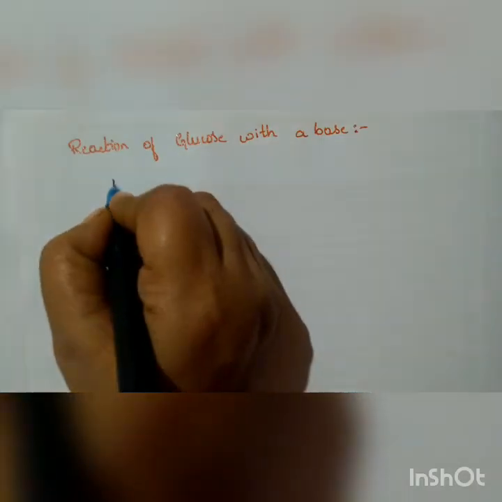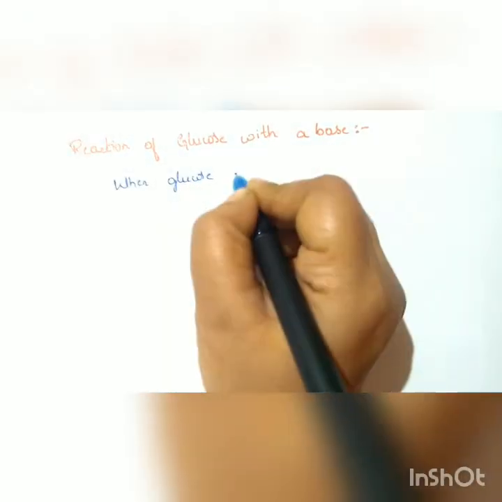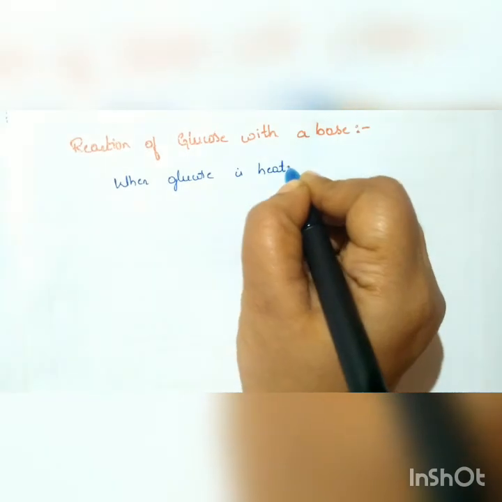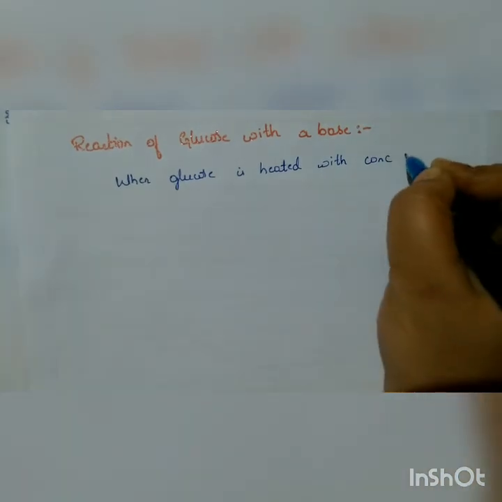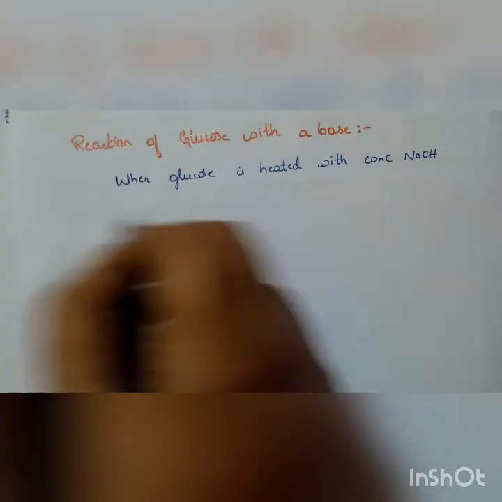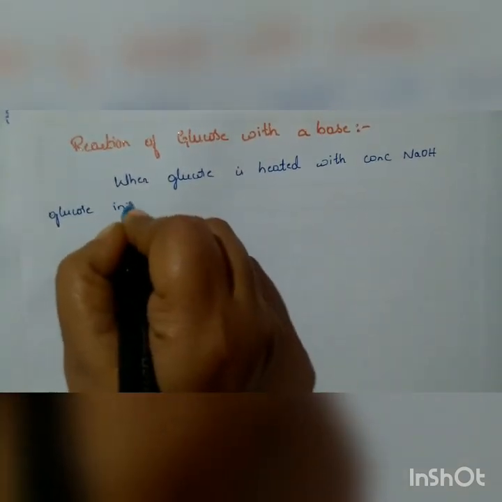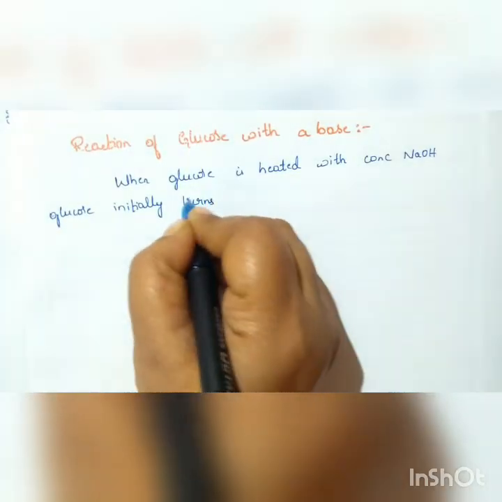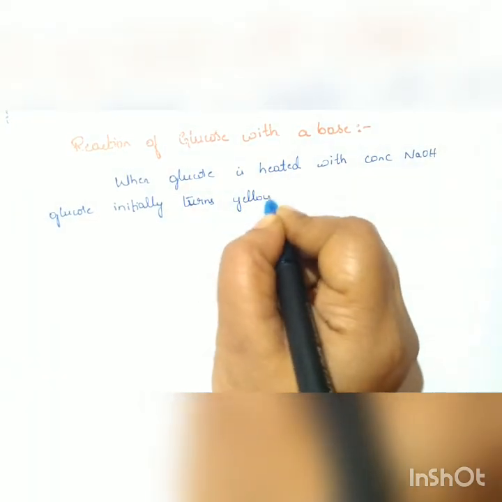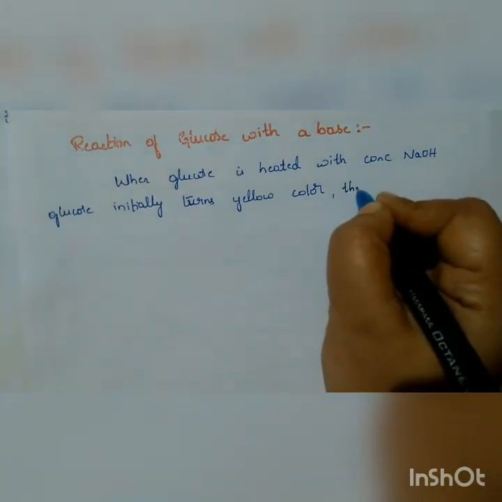Here what we are going to do is heat. When glucose is heated with concentrated NaOH, glucose initially turns yellow in color, then to brown.